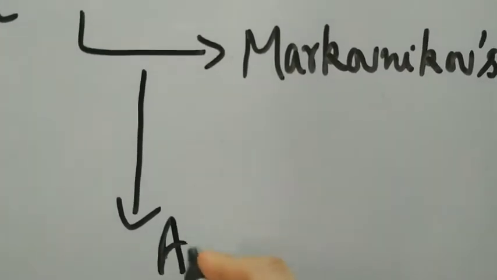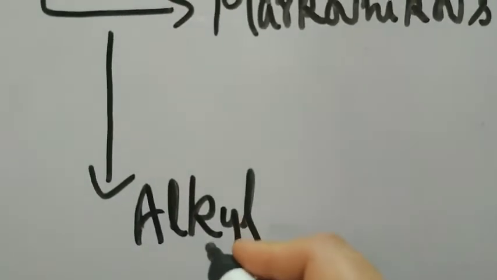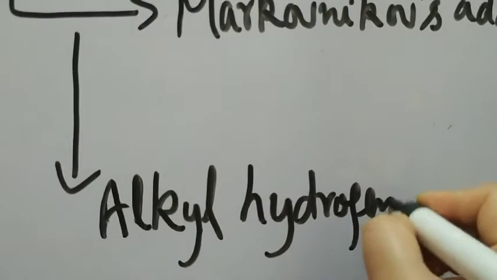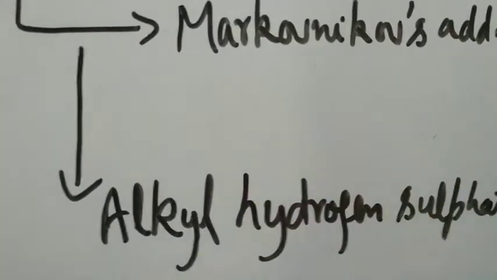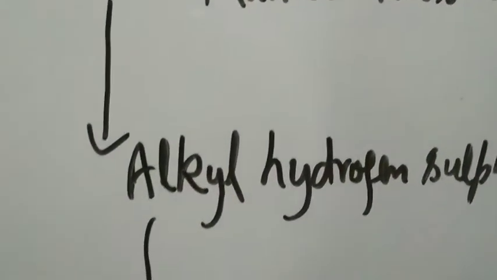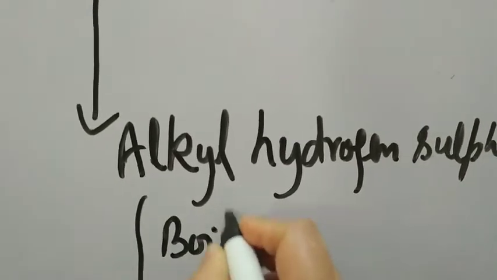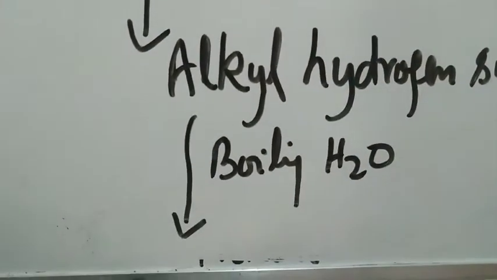So when you add a protic acid like H2SO4 to an alkene and addition takes place according to Markovnikov's rule, the product formed is not an alcohol directly. As I said, it's an indirect method. The first product, the intermediate compound we get, is an alkyl hydrogen sulfate. I'm just giving you the idea of the general reaction. We'll do specific reactions later. After that, this alkyl hydrogen sulfate is treated with water, but not simple water, with boiling water.